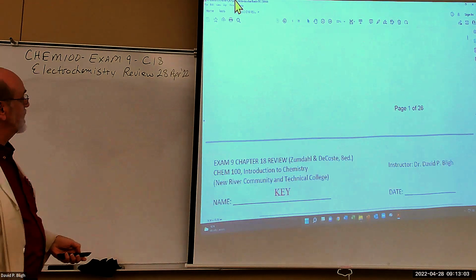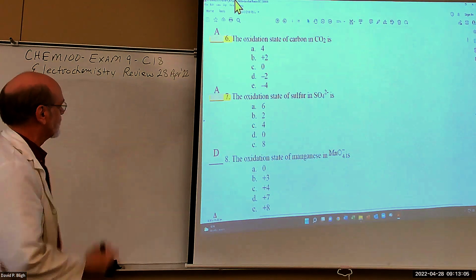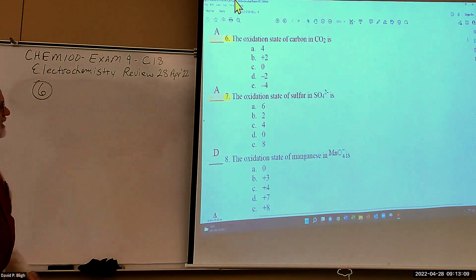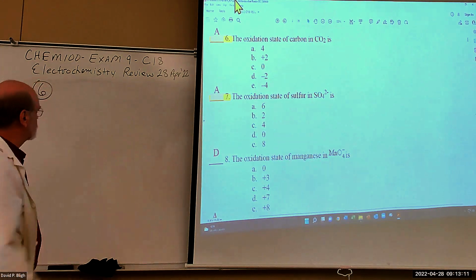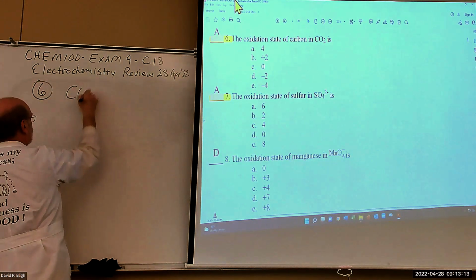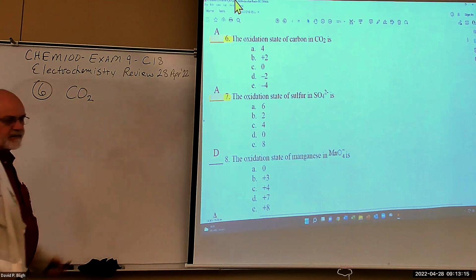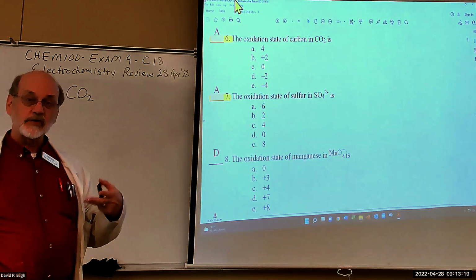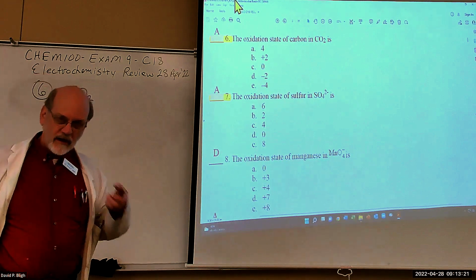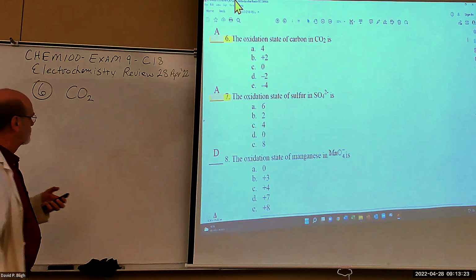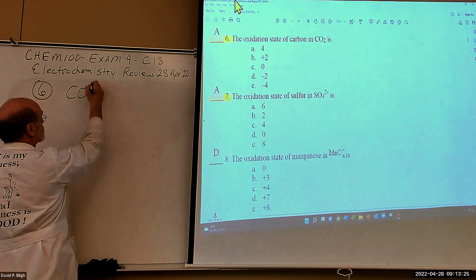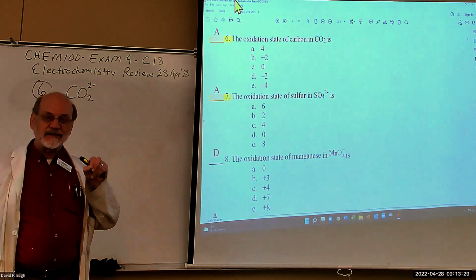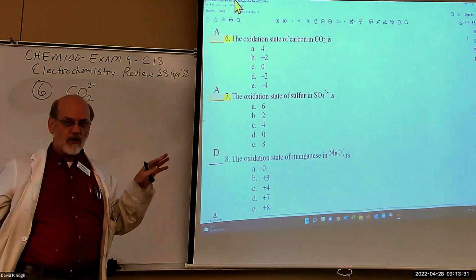Okay, what's next? 6. The oxidation state of carbon in CO2. Carbon dioxide. In this case, we don't have a metal and nonmetal, we have 2 nonmetals. So we've got to fall back on the rules. Oxygen is -2 oxidation state, even though it's not charged, right?